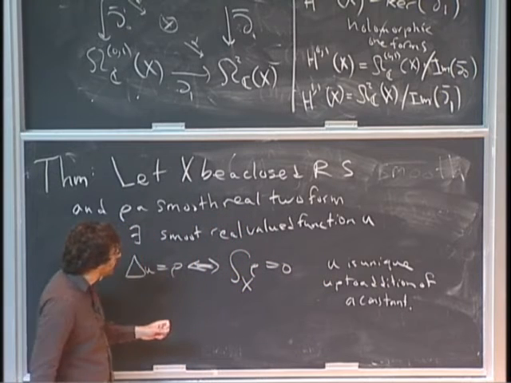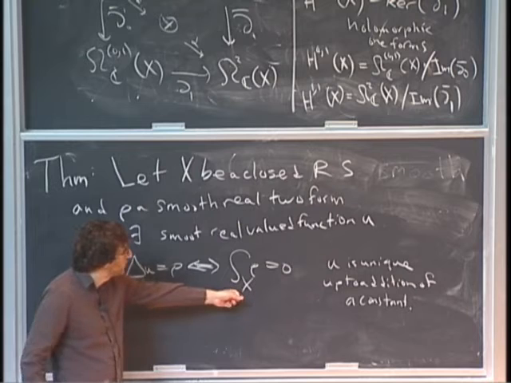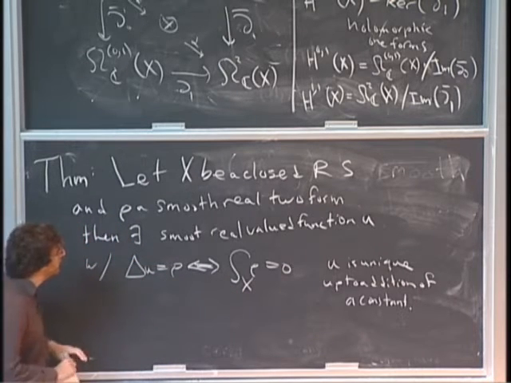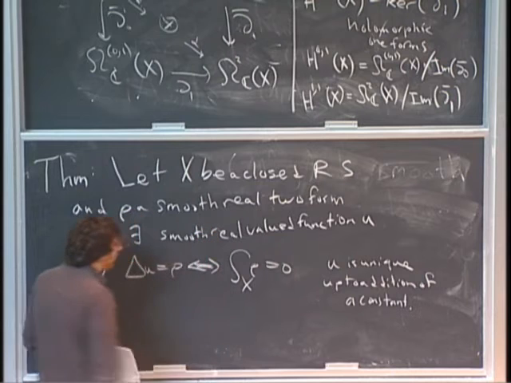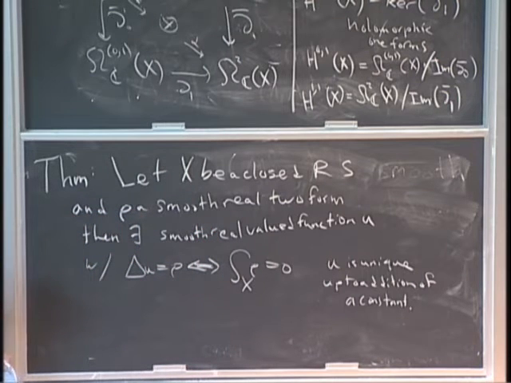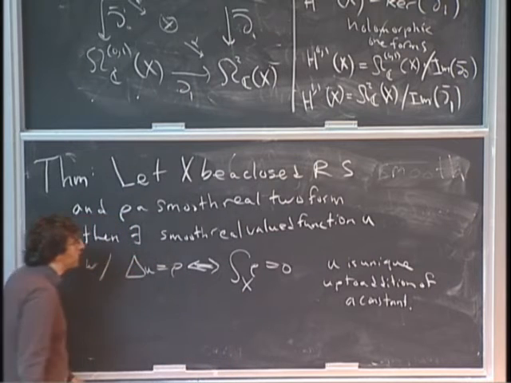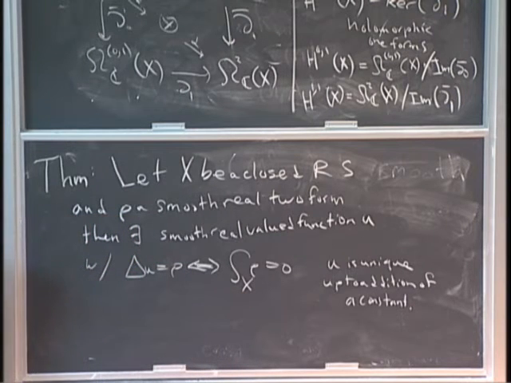However, the other direction, that this condition is sufficient, is highly non-trivial. That's what we're going to talk about next time: if you have this, then you can solve this Poisson type equation.